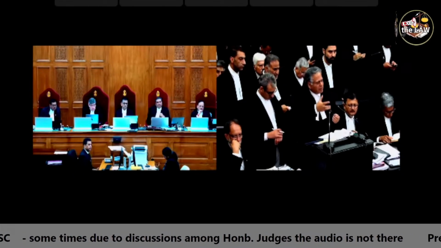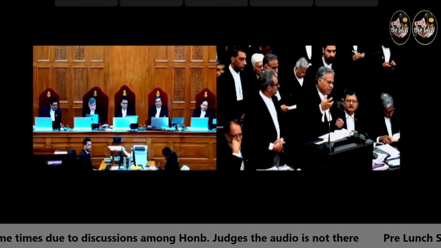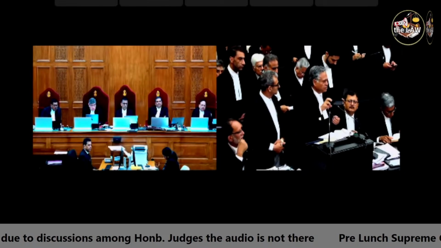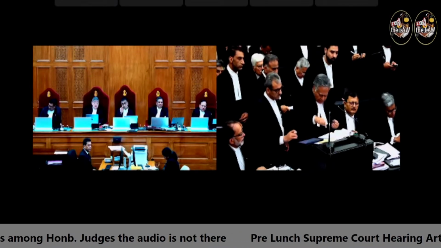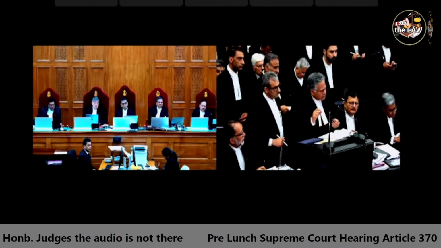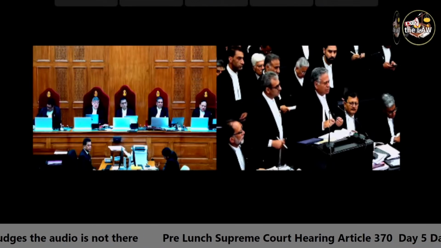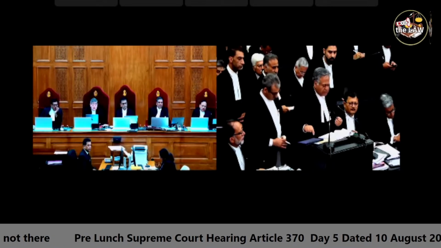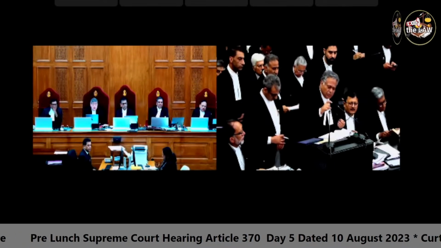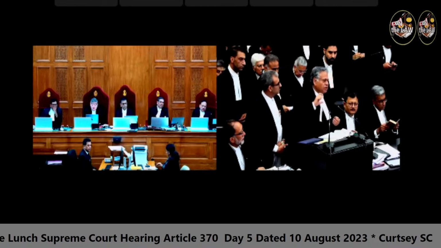But on the broader parameters, the state continues to have its autonomy. That's all I am trying to indicate. I have noted each and every article. It deals with what was the subject matter of the article in the Constitution, and how by the order of 1954, certain positions, especially for Jammu and Kashmir, were carved out.